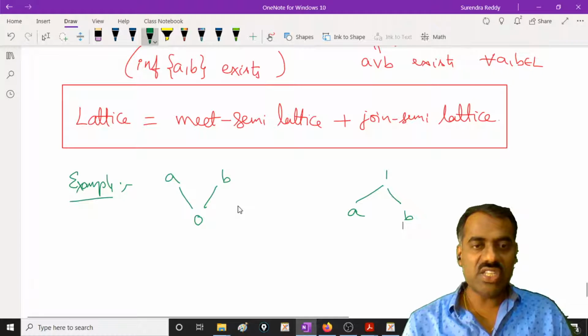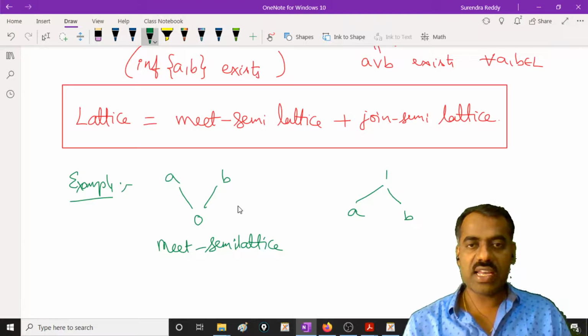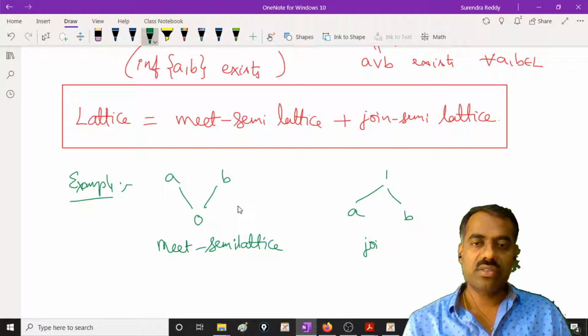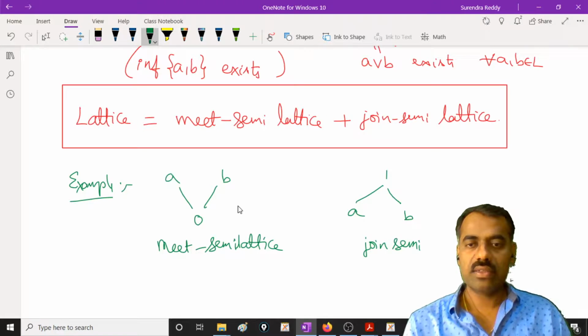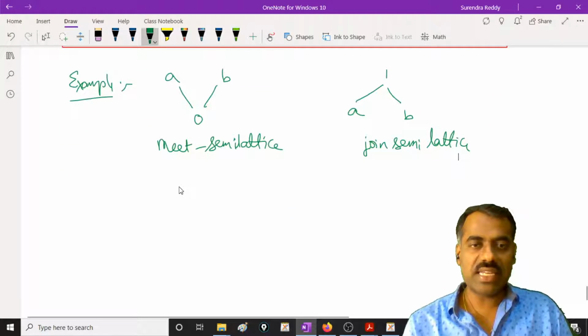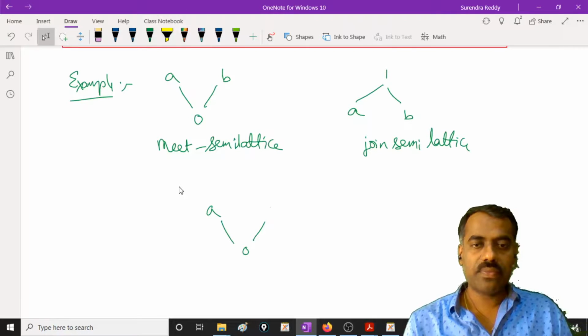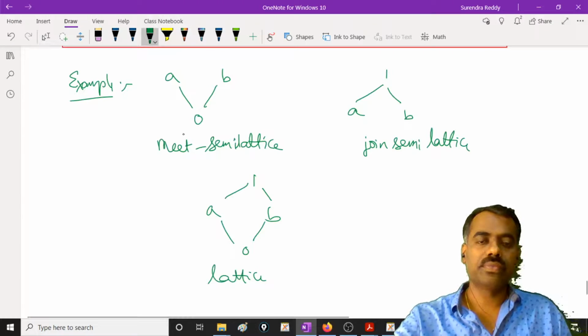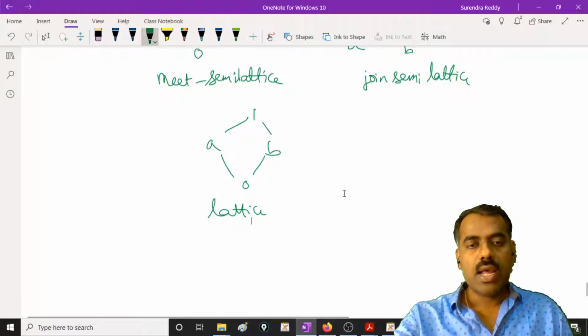For this 0, a, b, whatever you have here is a meet semi-lattice, and whatever you have here is actually a joint semi-lattice, right? If you combine these two, we have seen already this 0, a, b and 1 is actually a lattice, right? Yes, very good.